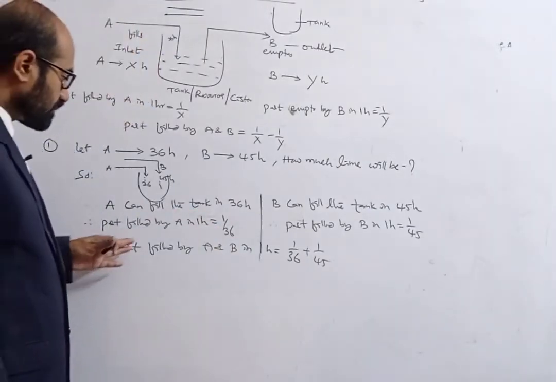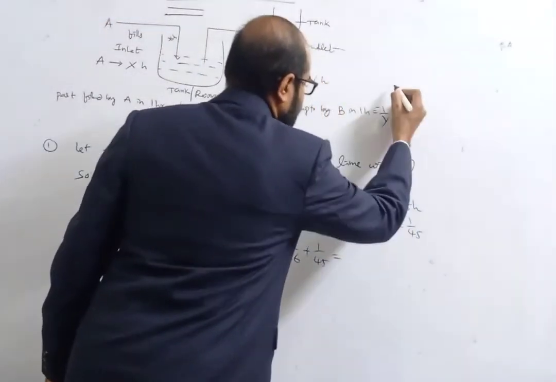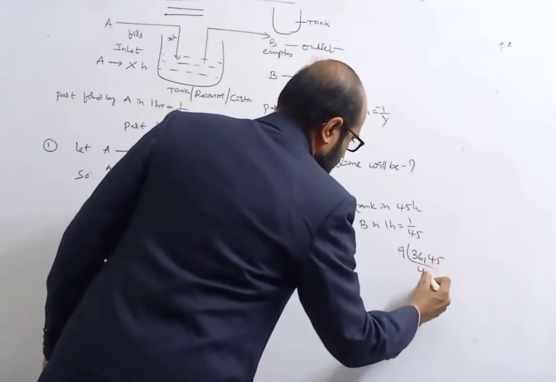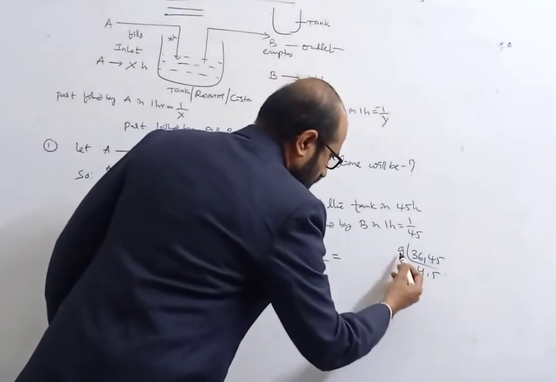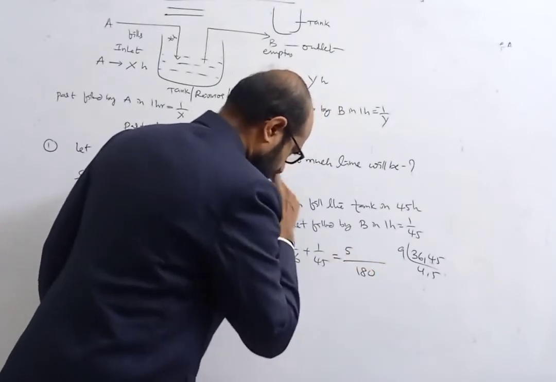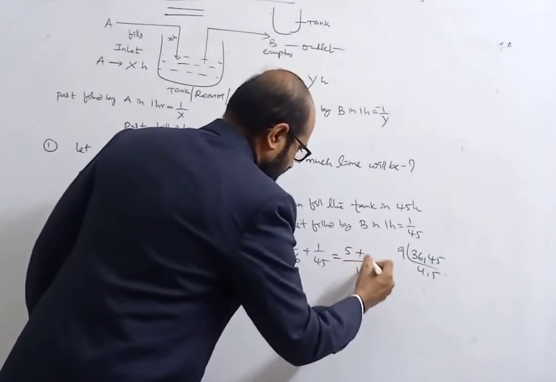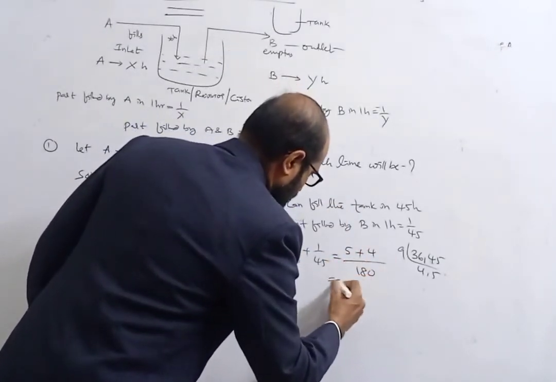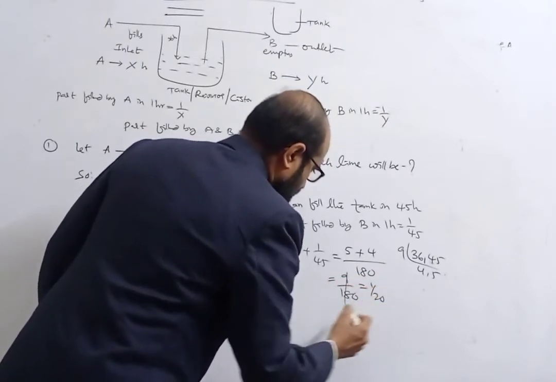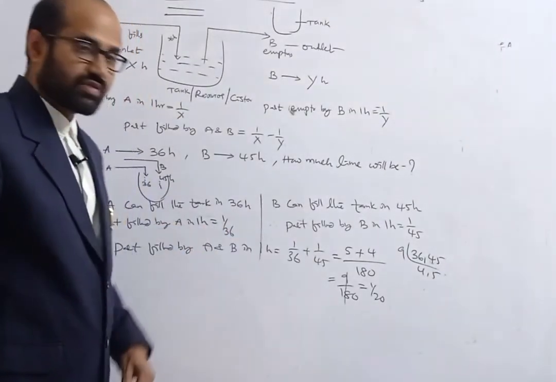The LCM of 36 and 45 is 180. So 36 into 5 is 180, plus 45 into 4, so this is equal to 9 by 180. That is 1 by 20. So the part filled by A and B in 1 hour is 1 by 20.